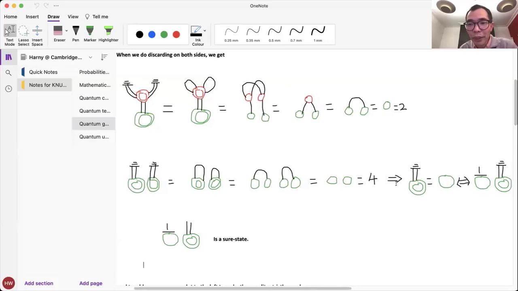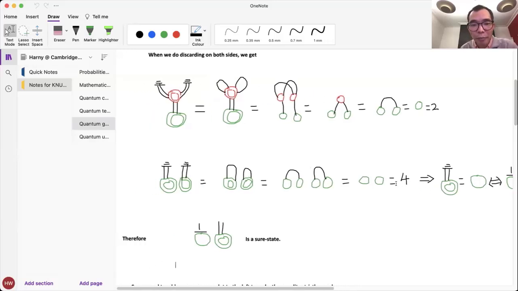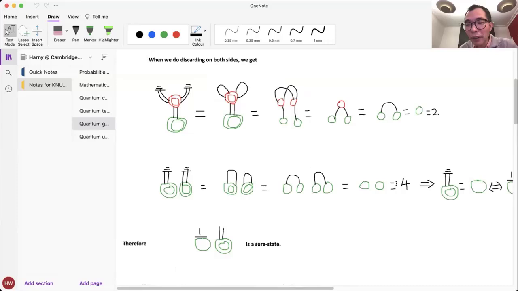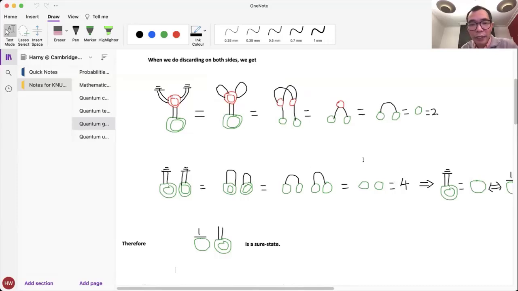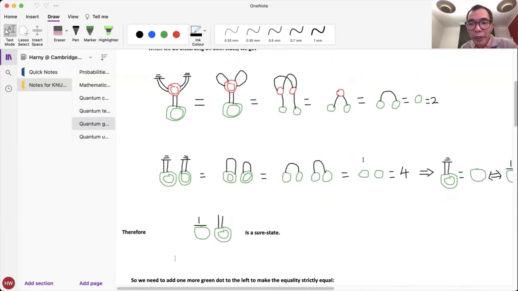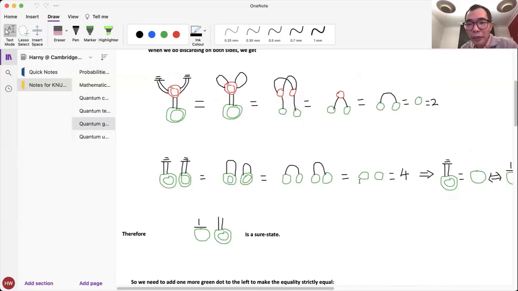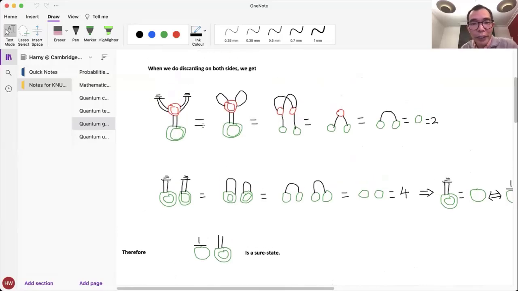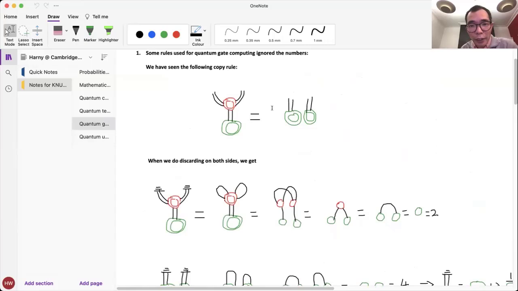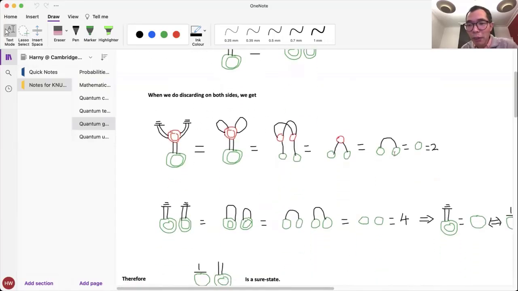So now, these two, if we do discarding on both sides, we don't get the same number. On the left we get 2, on the right we get 4.